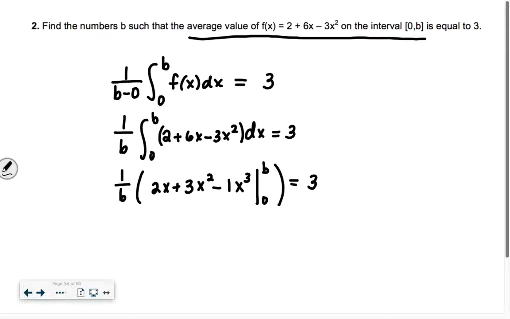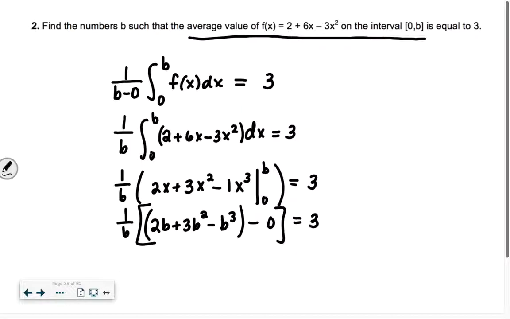All right, here we go. So we're going to put the b in. I have 2b plus 3b squared minus b cubed. And then the second part of that was all 0. We like when it's 0 to b on polynomials, right? And then equals 3. So if I multiply this 1 over b in, I get 2 plus 3b minus b squared equals 3.